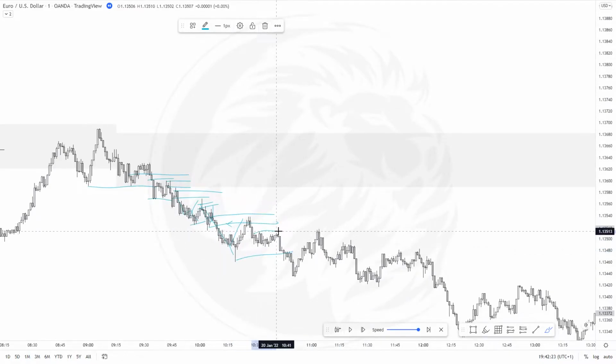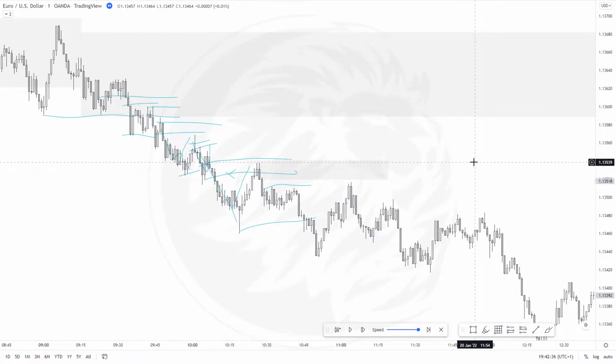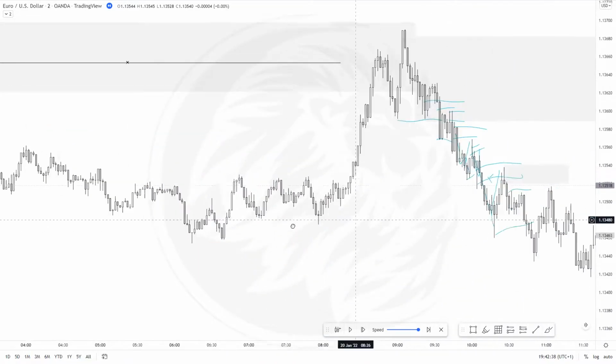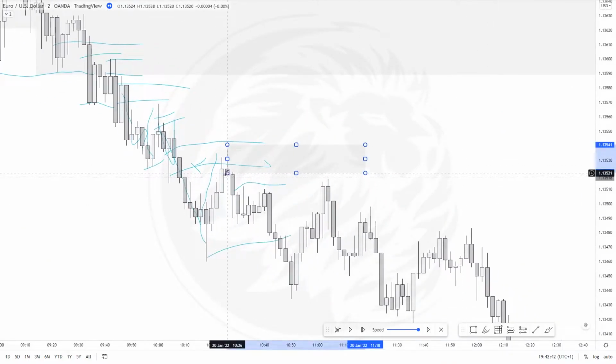Here we have equal highs. Market comes back here and mitigates the level. We'll check with a quarter to be sure. Maybe in 2 minutes or something like that too. We'll check.